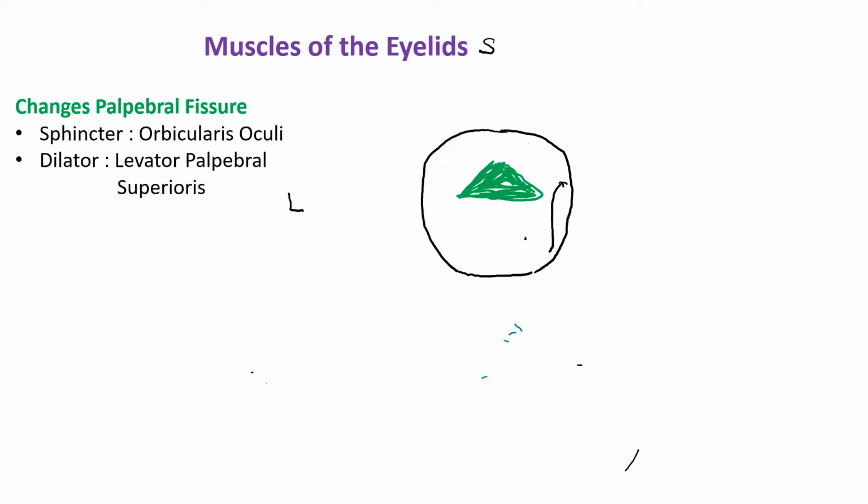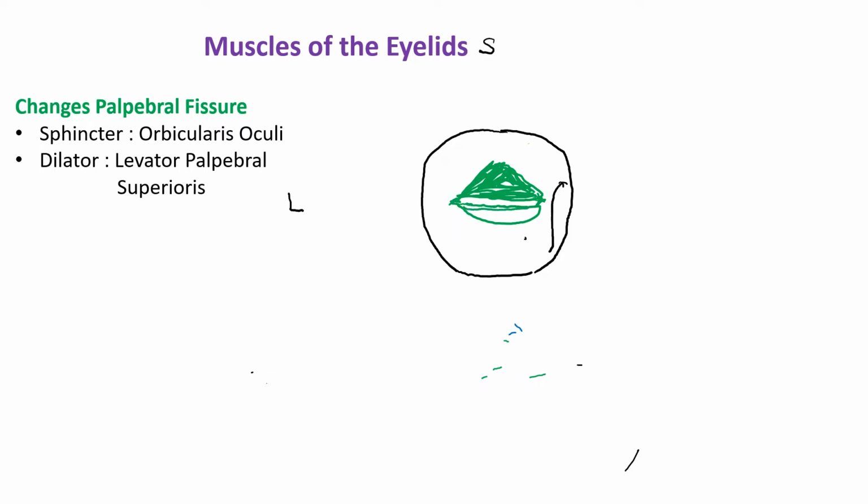I'll remove the rest of the stuff. You know that there is this orbital septum, and now this is the lower eyelid. The space between them is the palpebral fissure. These two eyelids are connected to each other on the medial side and the lateral side.